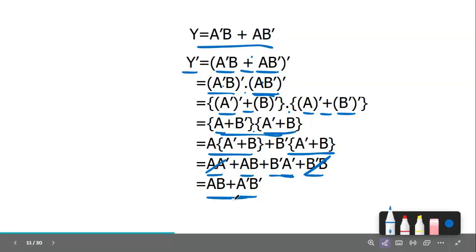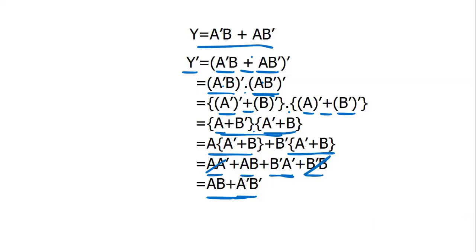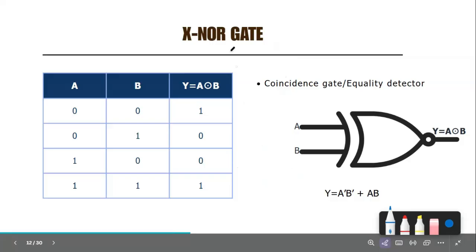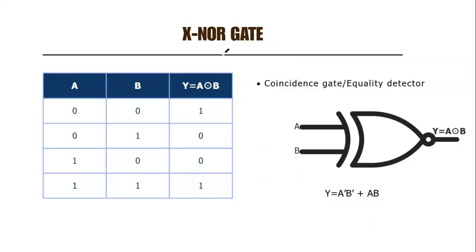And this Y complement expression forms the output of another gate known as the XNOR gate, the exclusive NOR gate. The XNOR operation is the complement of the output of the XOR operation.